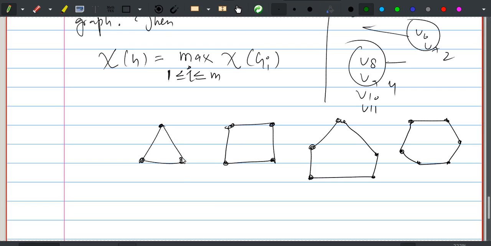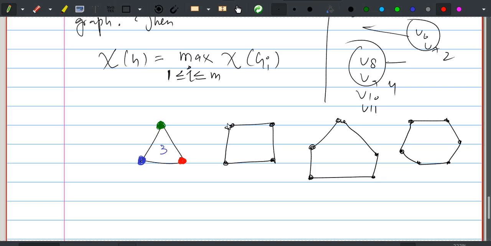One can see over here every vertex is adjacent to every other vertex, so we just need 3 colors to color this graph. So we can use green, red here and blue here. So the chromatic number is 3.